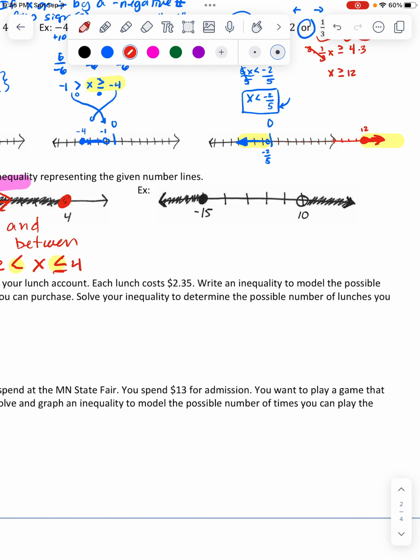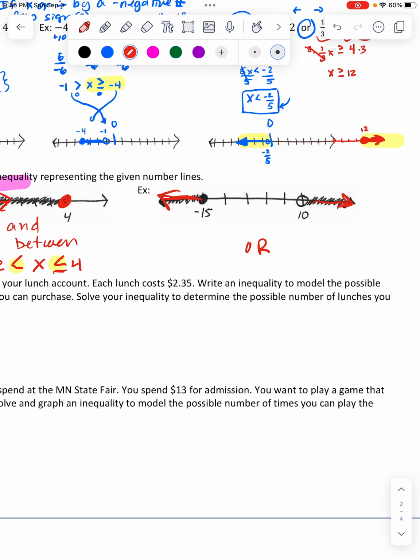Here I see two separate things. You can either be over here or over here. So I know my answer has to have the word or in it. It'll be a part of what I write as my answer because it is compound, but it's showing that it's an or statement. So let's figure this side out.